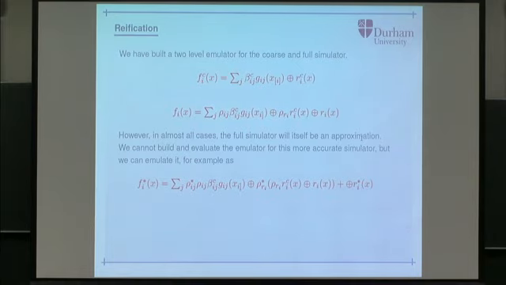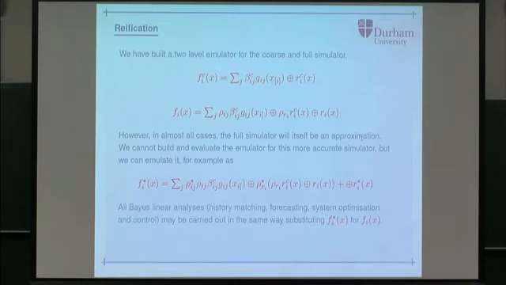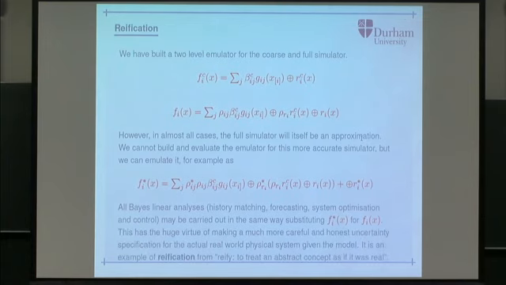And if I think about my beliefs about the real world, they are much better described by saying I have beliefs about the better simulator and then how that relates to the world. Everything I do in the Bayes linear world will take that emulator at the bottom just as easily as the one at the top. So all my calculations will be exactly the same, and it has the huge virtue of being a better description of my uncertainty about the world.